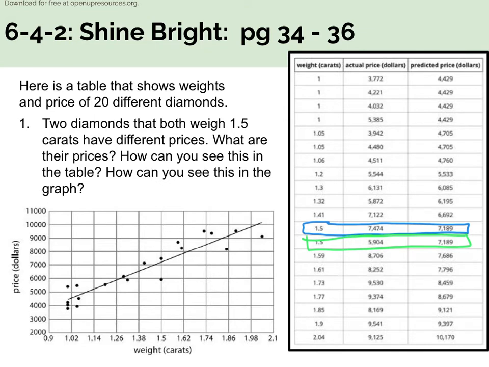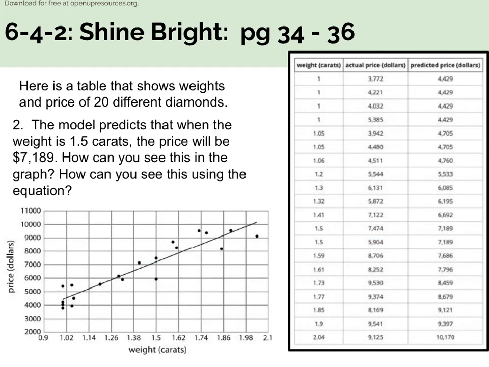Now let's look at the graph itself. So we have one that is 5,904 as far as the actual price, and the other one is 7,474.